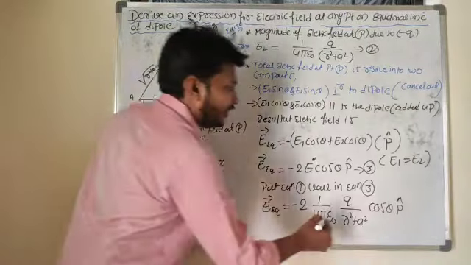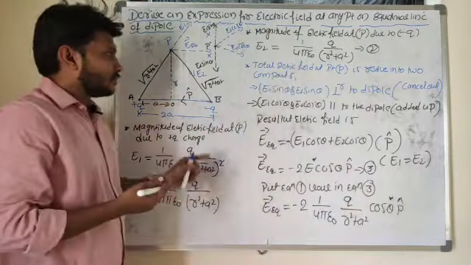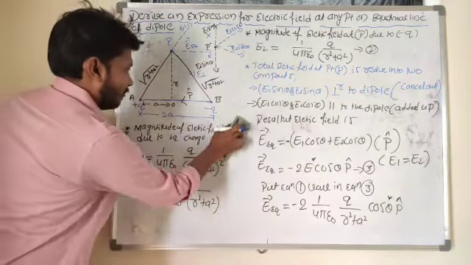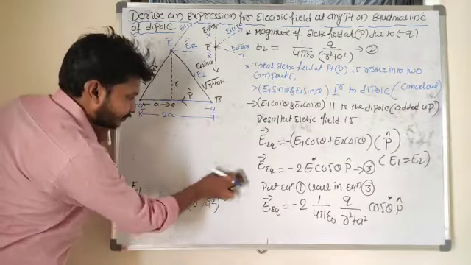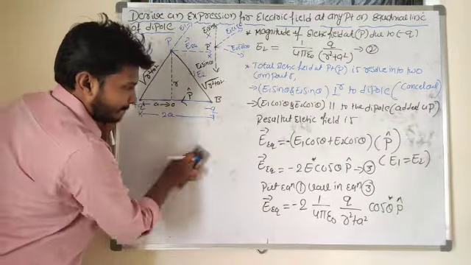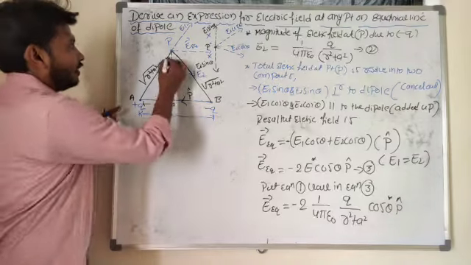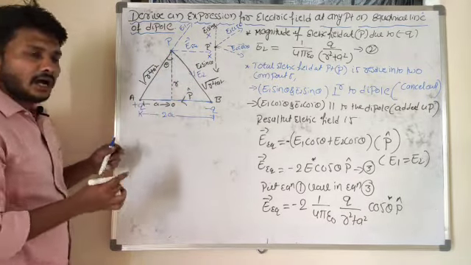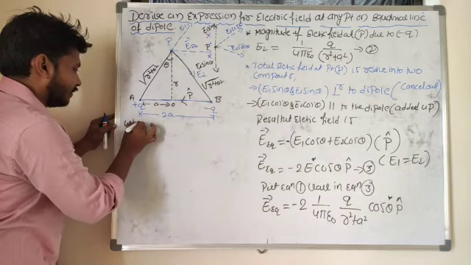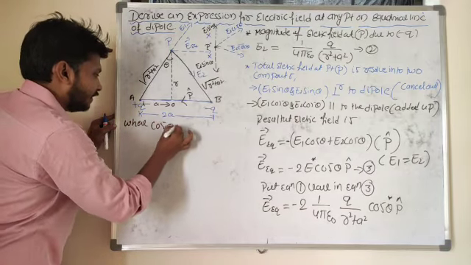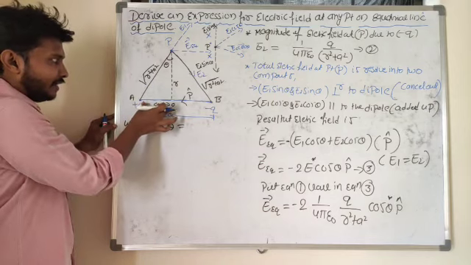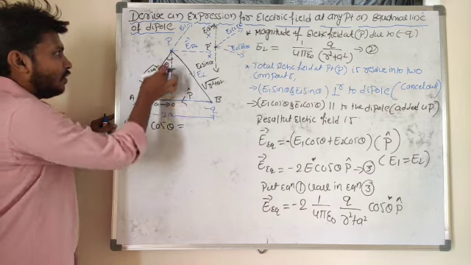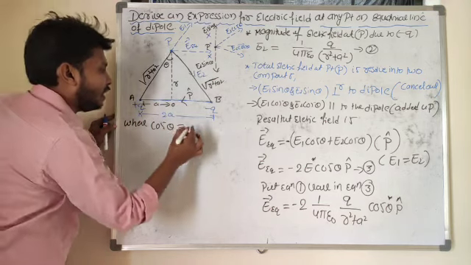Now I will calculate what that cos theta value is. From the diagram, what is the cos theta value? Cos theta is adjacent divided by hypotenuse. From the triangle APO, cos theta is equal to adjacent by hypotenuse.